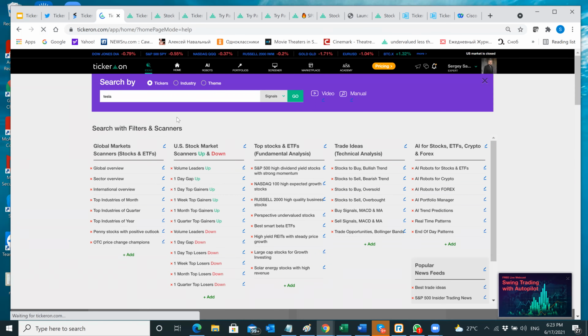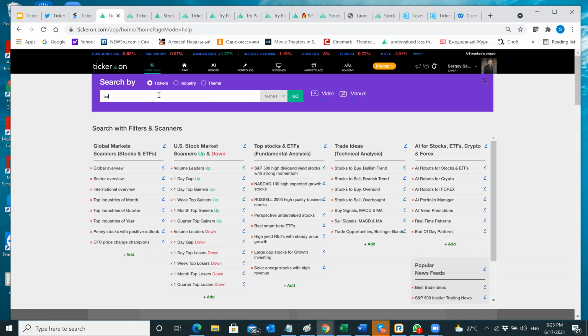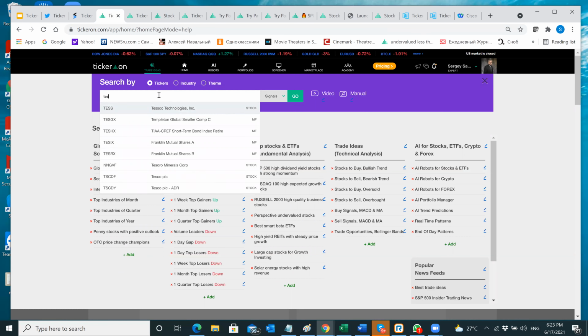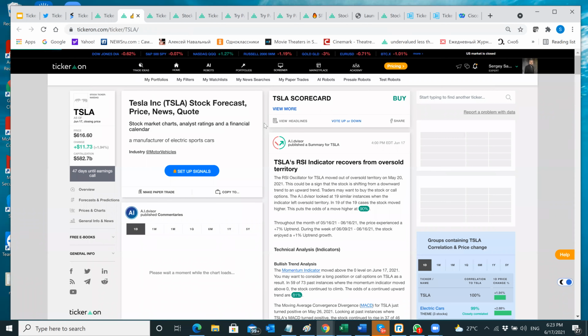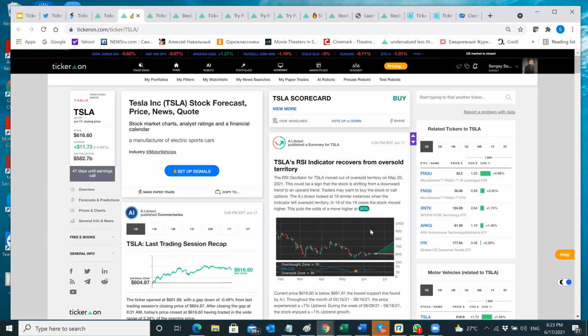Let me reload that page. Okay, trade ideas. Tesla. Okay, and then here, boom, you find everything we know about Tesla. So it's a buy. That's good.